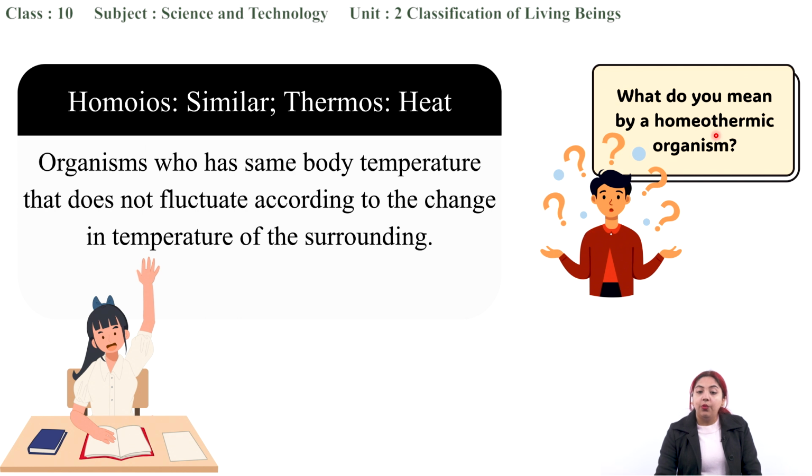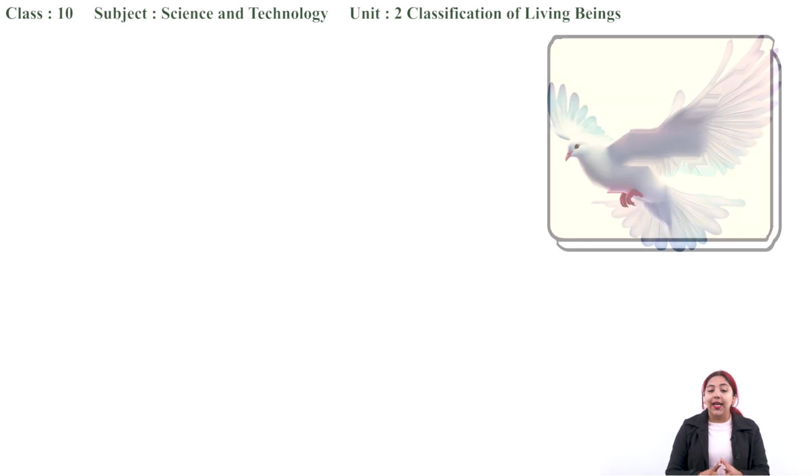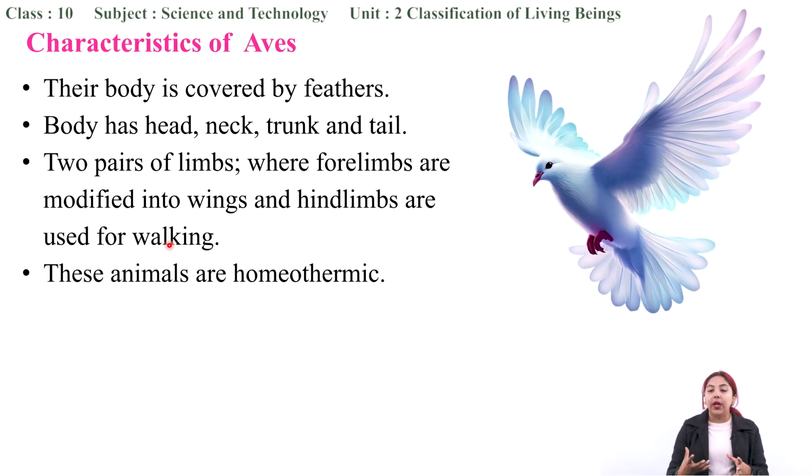Now from the word itself, homeothermic: homeo comes from the word homeos, which means similar, and thermic comes from the word thermos, which means heat. So they have similar heat. So homeothermic organisms are organisms which have the same body temperature, and the temperature does not fluctuate according to the change in the temperature of their surrounding. So the aves are homeothermic organisms.